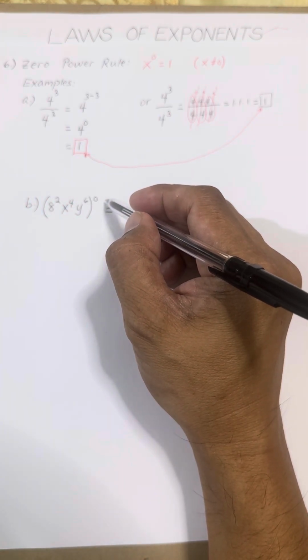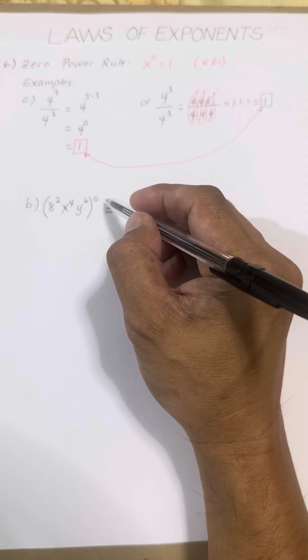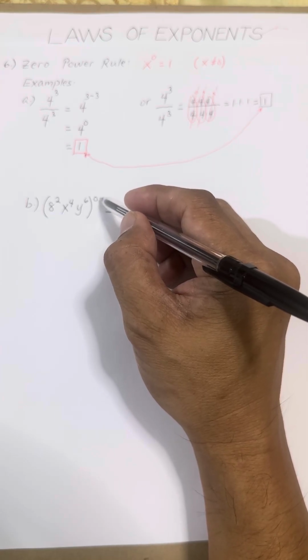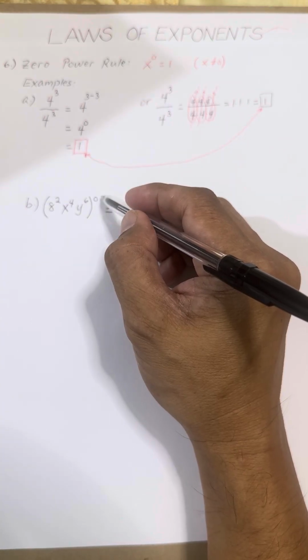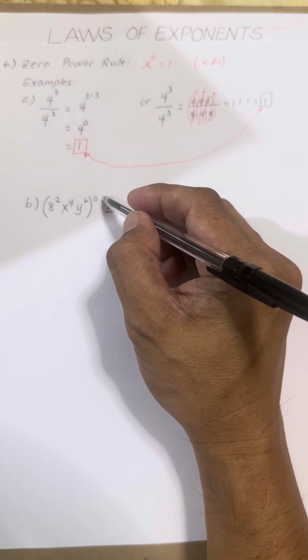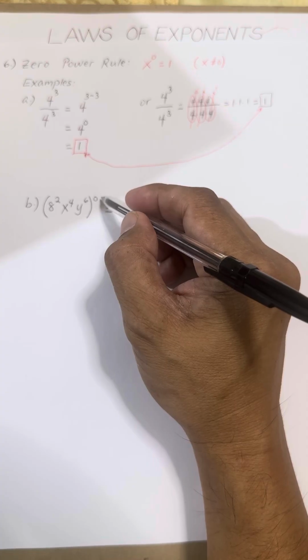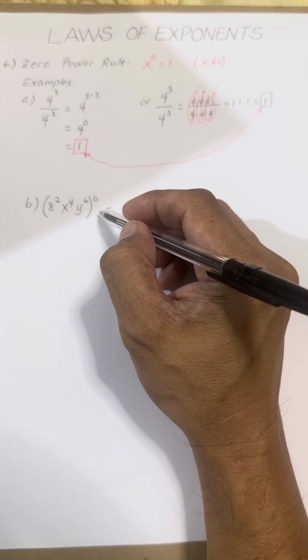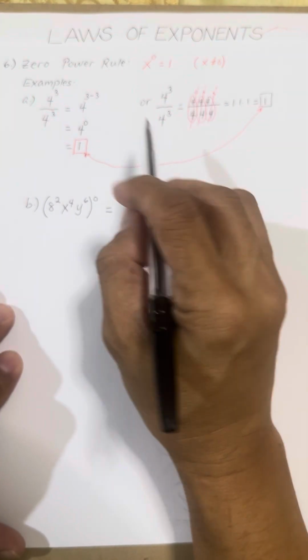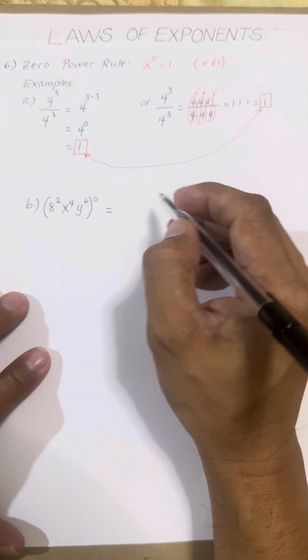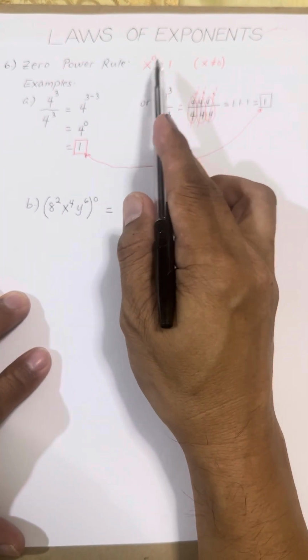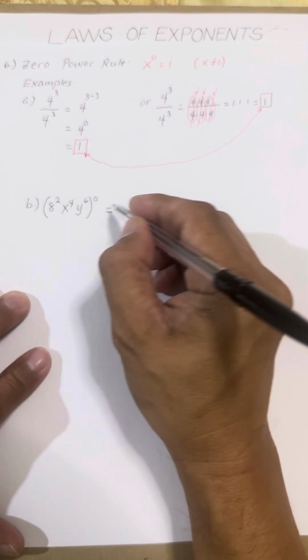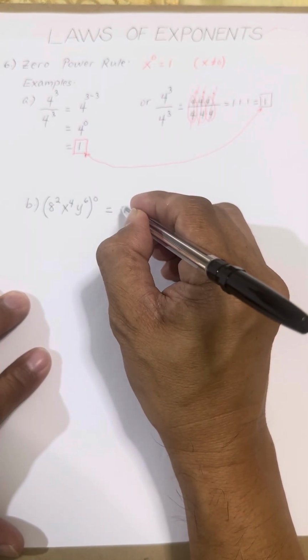Actually, there are two ways of doing this. We can apply the power of a product rule, or we simply go directly to rule number 6. Rule number 6 says that if you have a base raised to power 0, that is equal to 1. So you can answer this immediately, equal to 1.